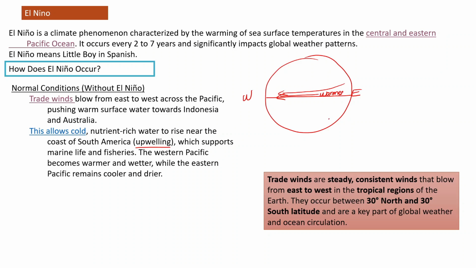That means cooler, deeper water in the east rises to the surface. Clear? As the warm surface water moves towards the west, cooler water rises to the surface. That process is called upwelling. And this cooler water is rich in nutrients and is very supportive to marine life.